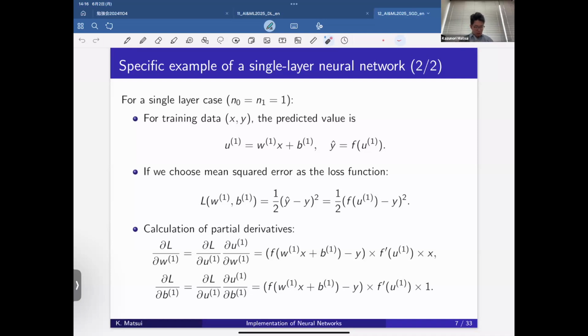The partial derivative of L with respect to u1 part, so this part, becomes f(w1x plus b1) minus y.